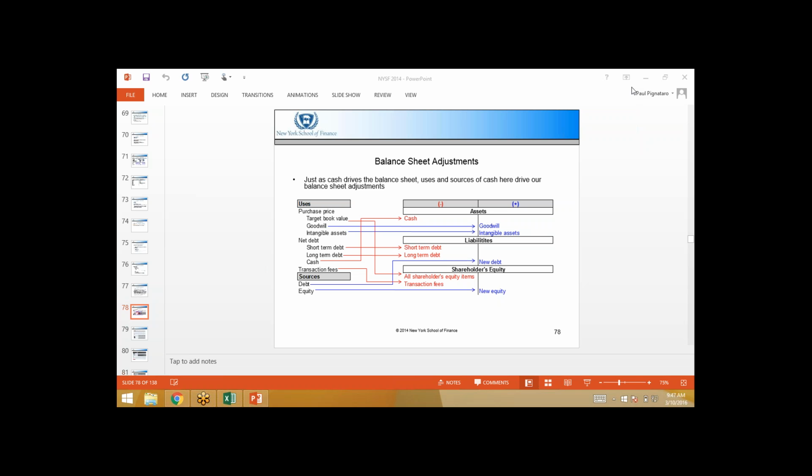What kind of debt? Target long-term debt. Let me be specific: this is target book value. Target short-term debt. Target cash, I'll put in parentheses because it's minus target cash. And the sources are acquirer debt and acquirer equity. Simple. Okay?